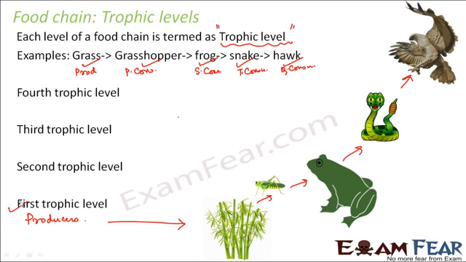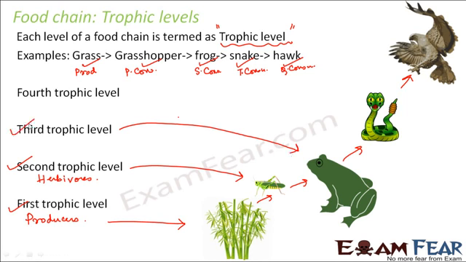Now as you go higher, you will see that the trophic level also increases. The second trophic level will be occupied by the grasshopper, that is the herbivores. So the second trophic level here will be occupied by the herbivores or the primary consumer. The third trophic level will be occupied by the frog or the carnivores, that is the small carnivore or the primary carnivore. The fourth trophic level will be occupied by the secondary carnivore.